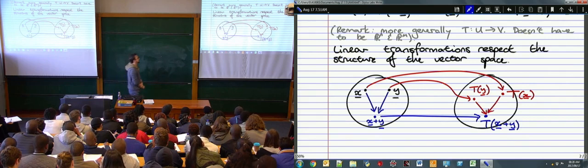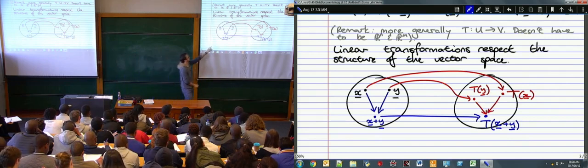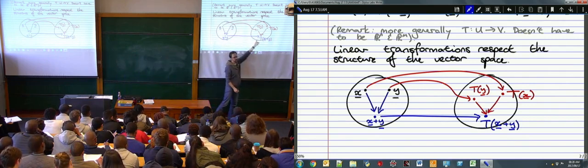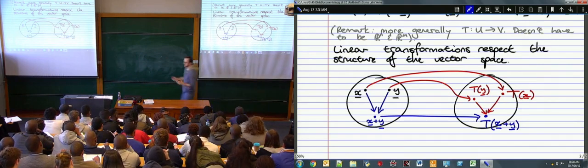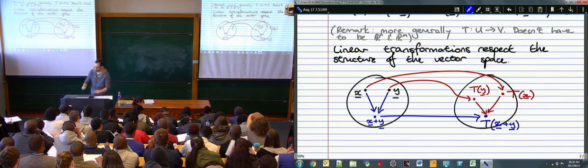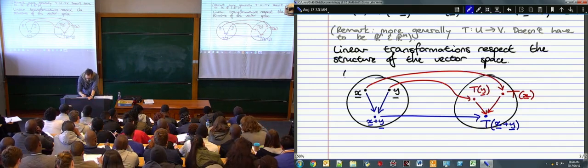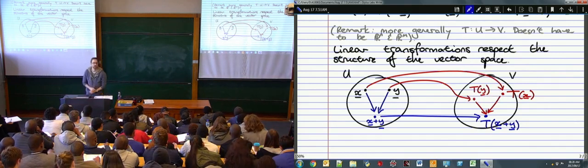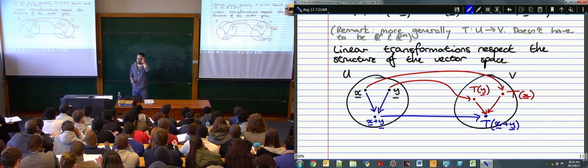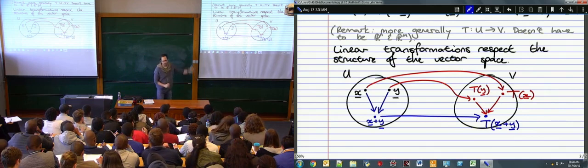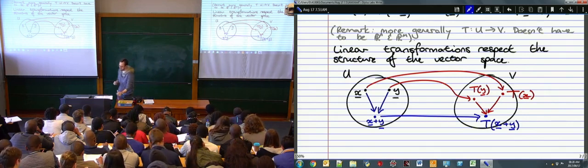That's what it means for a transformation to be linear. It doesn't matter if we do the addition here and then transform across, or whether we transform and then add, we end up with the same result, right? So this would be U, this would be some vector space V. Okay, so linear transformations are nice to work with. They respect the underlying structure of the vector space. They preserve vector addition, they preserve scalar multiplication.